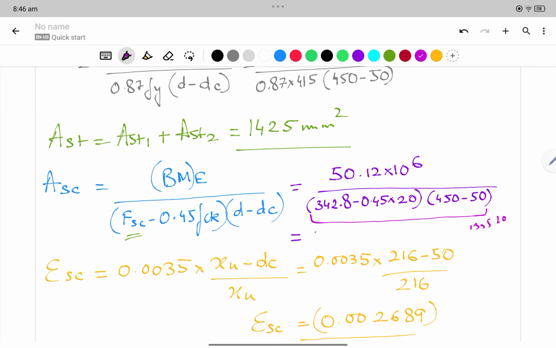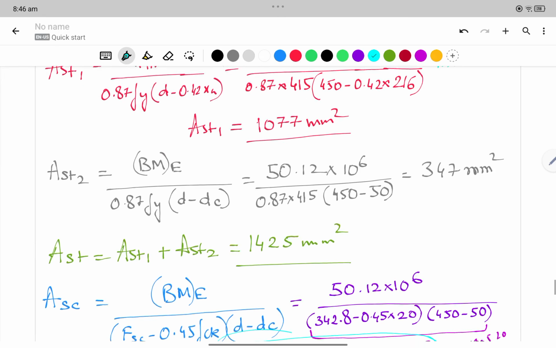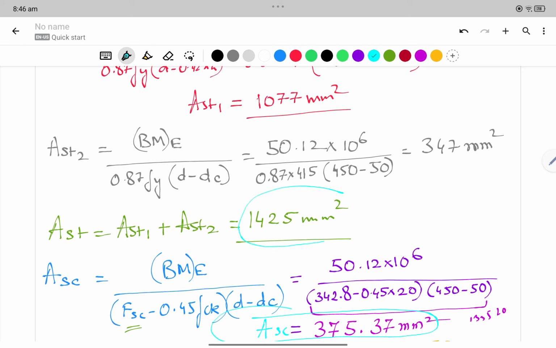So it's coming to 375.37 mm square. Okay, so we have got the values. See, this is one answer, this is ASC. Okay, so this is one answer, and AST, this is one answer.